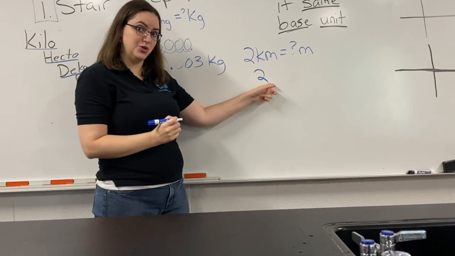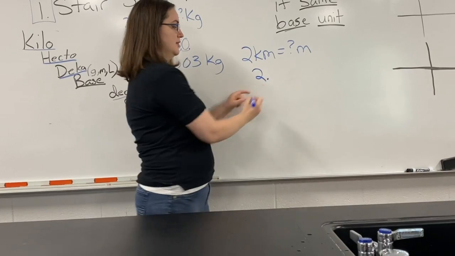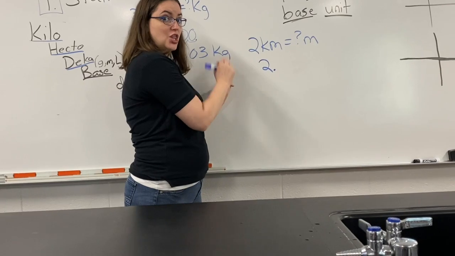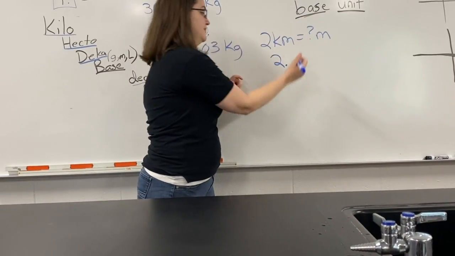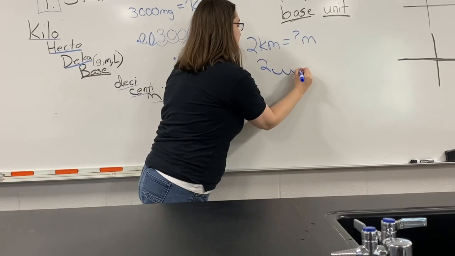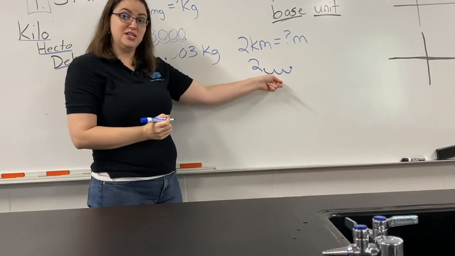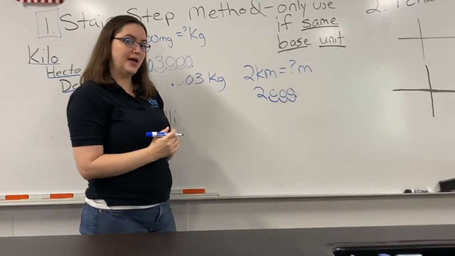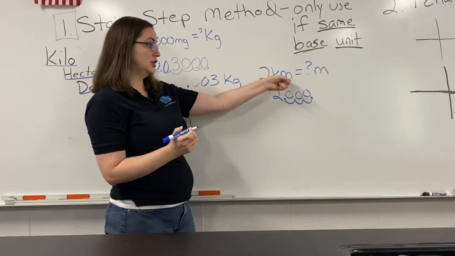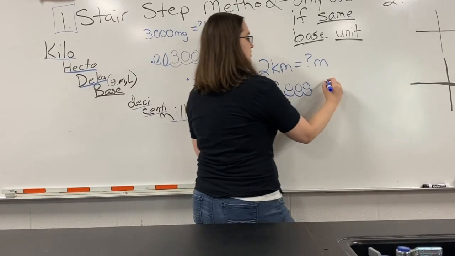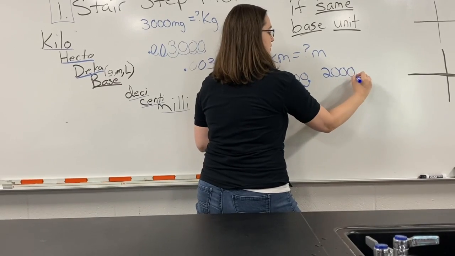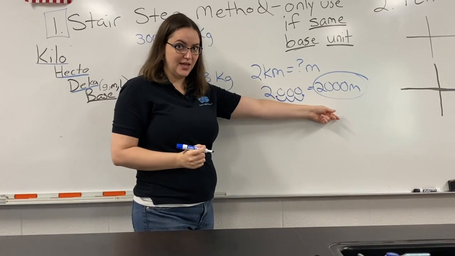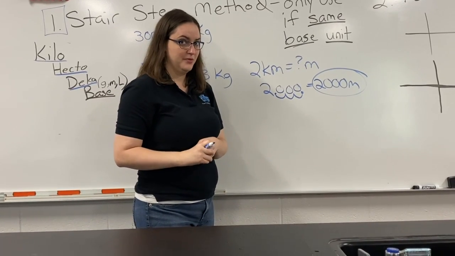If we look at our number 2, the decimal place is understood to be right there. We move our decimal place 3 times in that direction. In those blank spaces, we put zeros. Therefore, 2 kilometers is going to equal 2,000 meters. And that is the stair-step method.